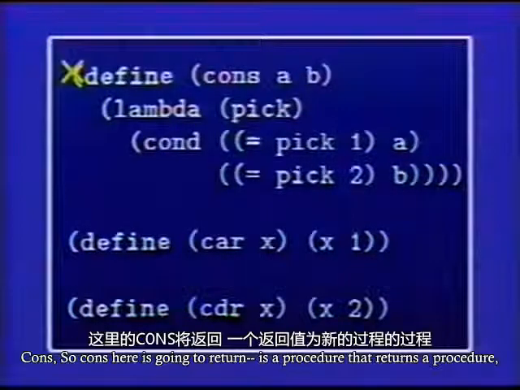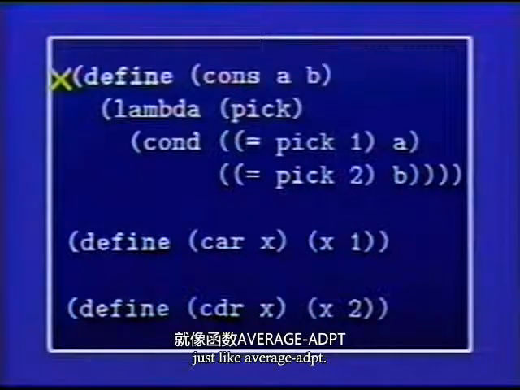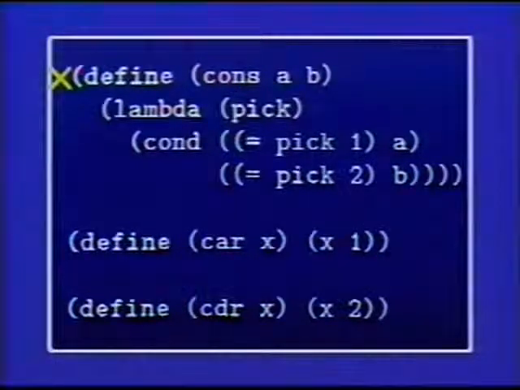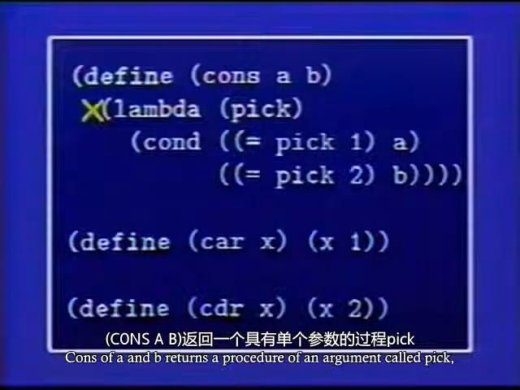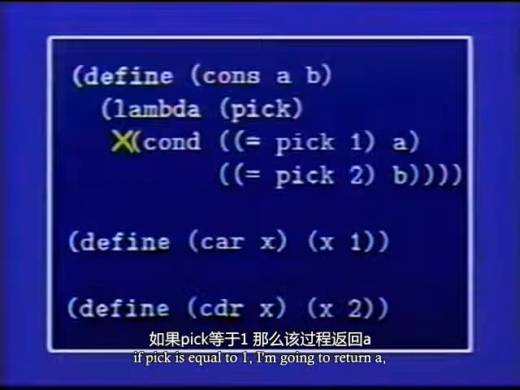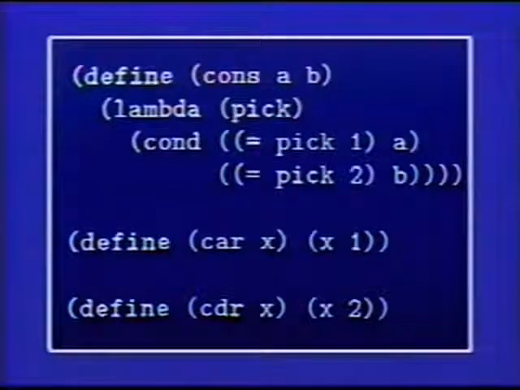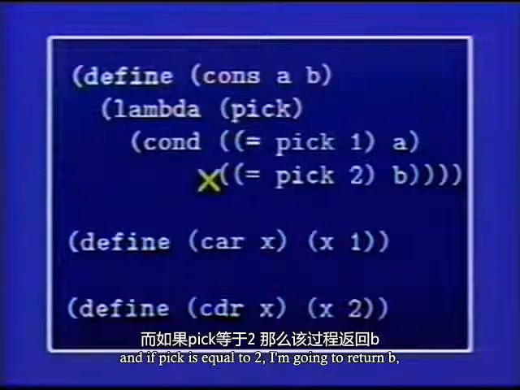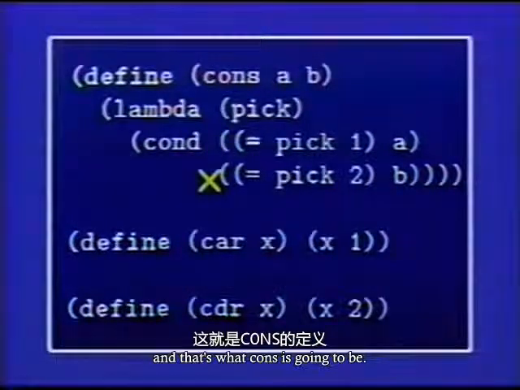So cons here is a procedure that returns a procedure, just like average-damp. Cons of A and B returns a procedure of an argument called pick, and it says if pick is equal to 1, I'm going to return A, and if pick is equal to 2, I'm going to return B. And that's what cons is going to be.